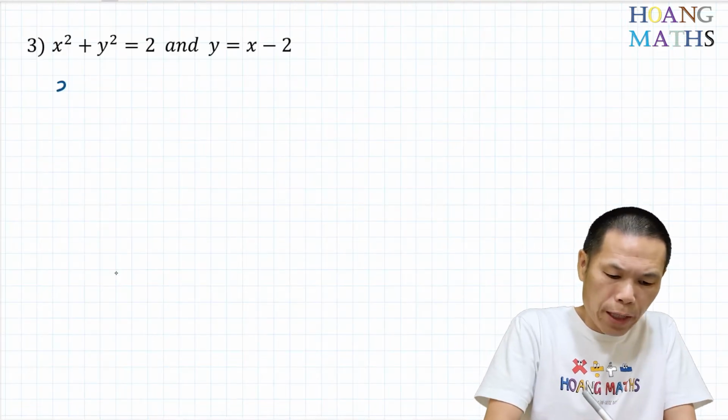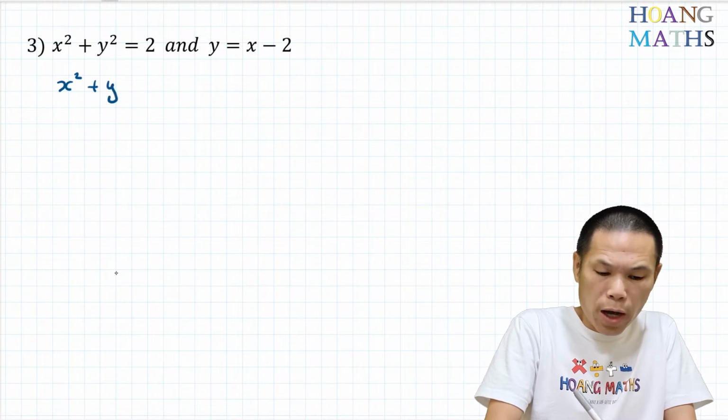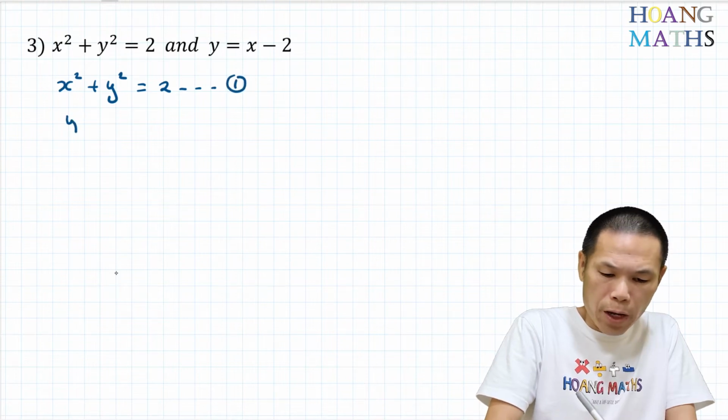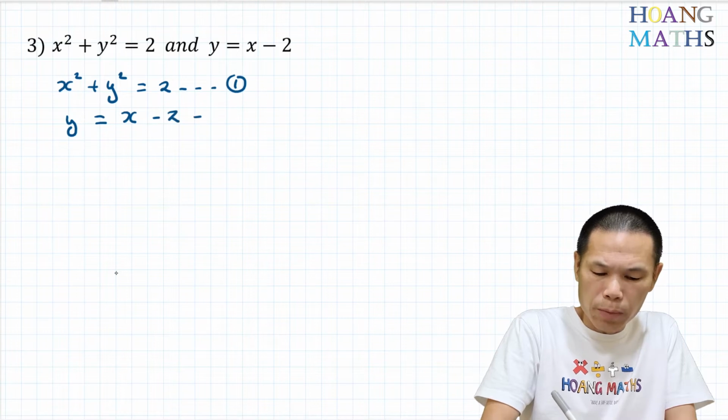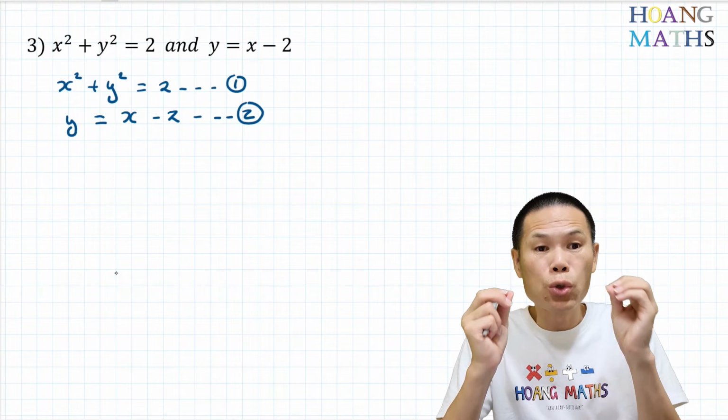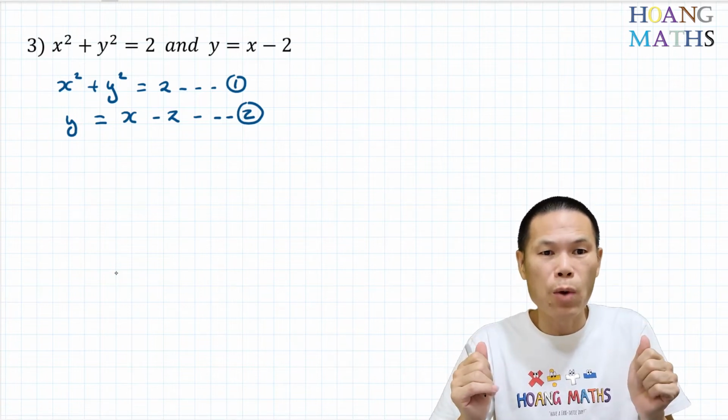So we have x squared plus y squared is equal to 2, and let's name this equation number 1. And we have y is equal to x minus 2, name this equation number 2. Now we just substitute equation number 2 into equation number 1.